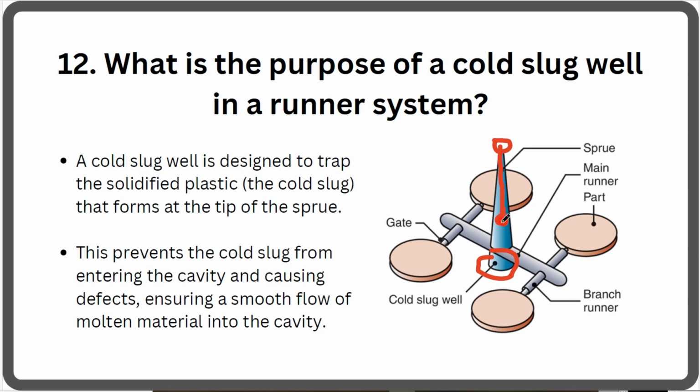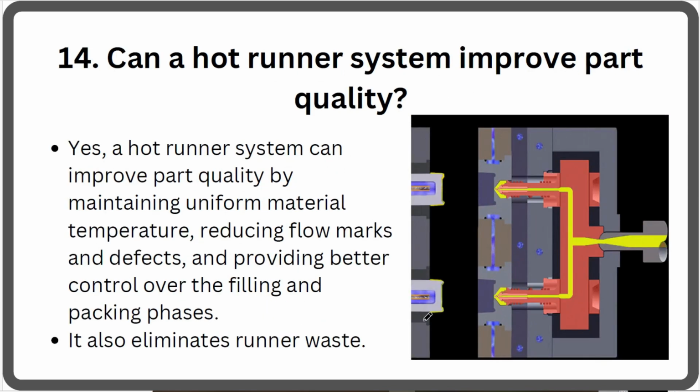This solidified plastic we are trapping here in the cold slug well, because if this solidified plastic goes into the cavity, there will be no uniform cooling. So we trap that solidified plastic so that there is uniform cooling in all the cavities.